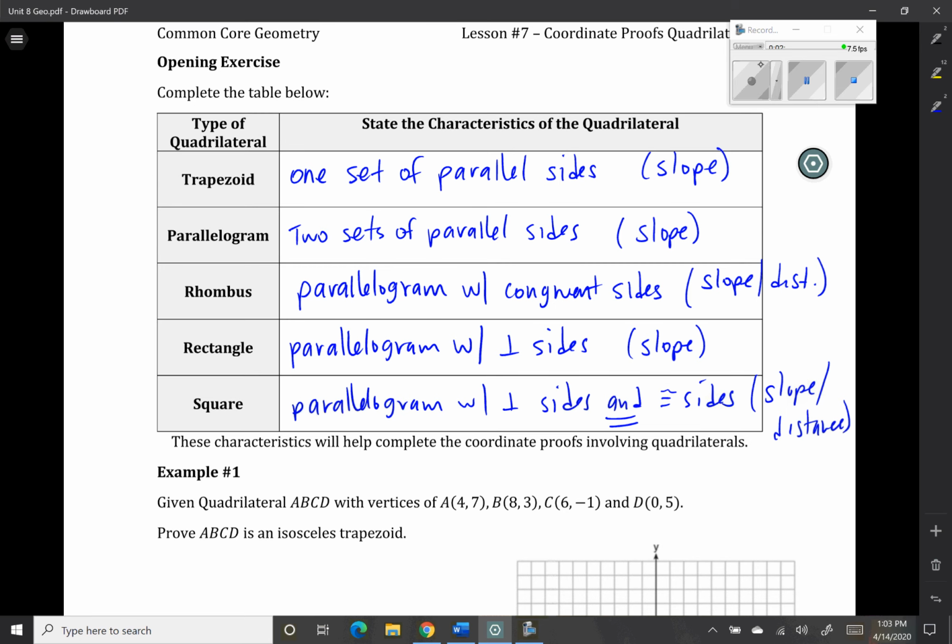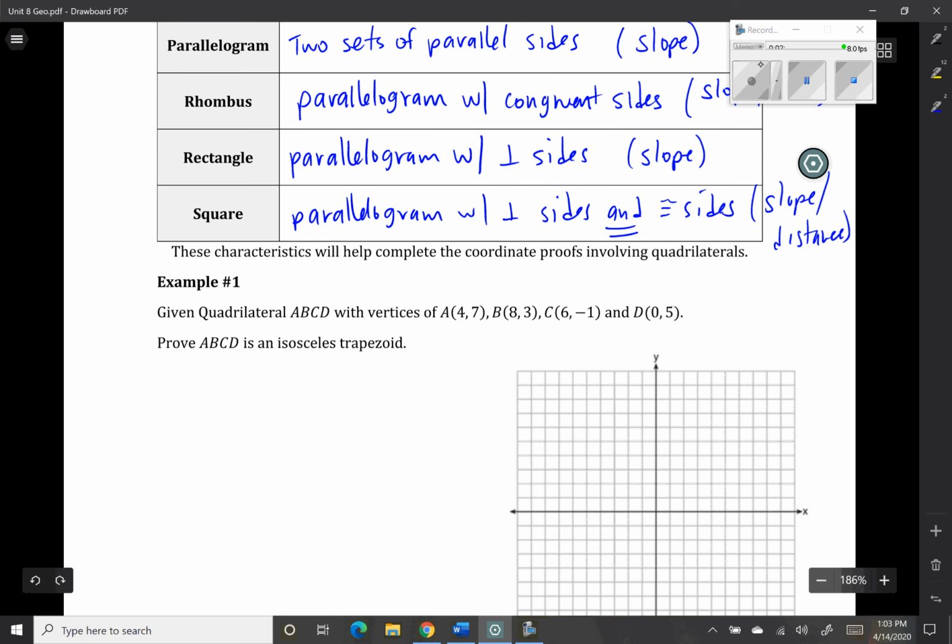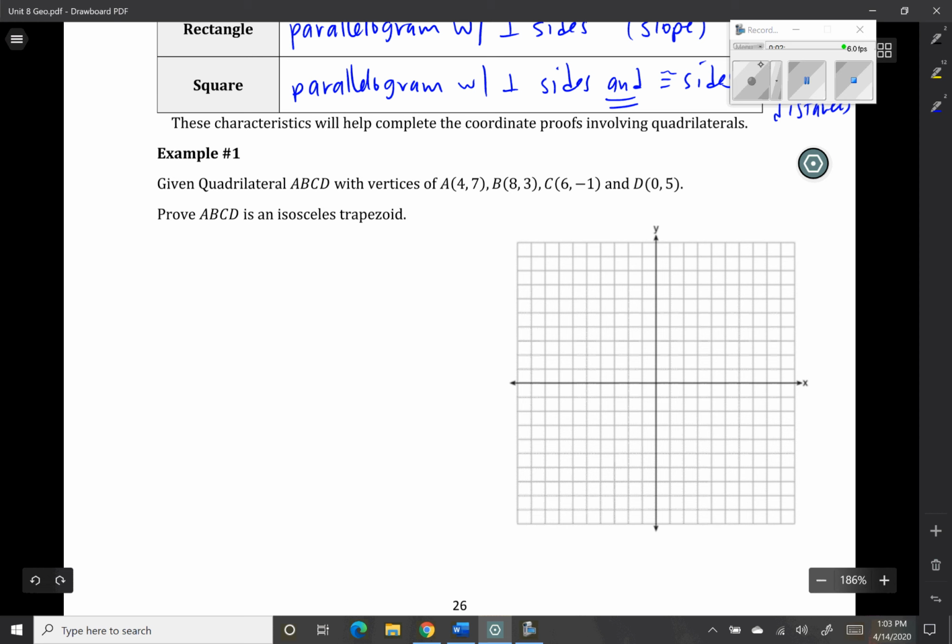So the easiest way to do these is kind of just jump right into them and start seeing what we can and cannot prove. So the first example gives us a quadrilateral, gives us 4 coordinates, and it wants us to prove it's an isosceles trapezoid. So we have to come up with a plan.